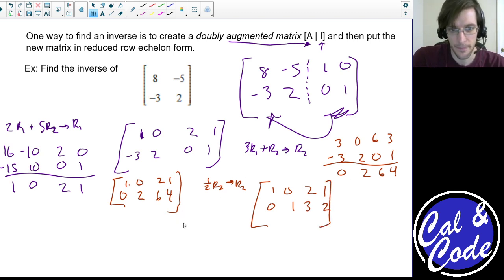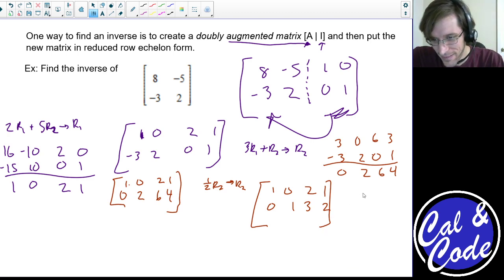So I get that the inverse of this particular matrix, assuming I did my math correctly, which now I'm starting to doubt for some reason, is 2, 1, 3, 2.